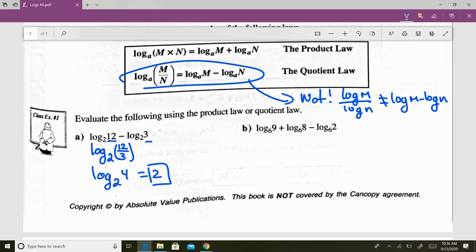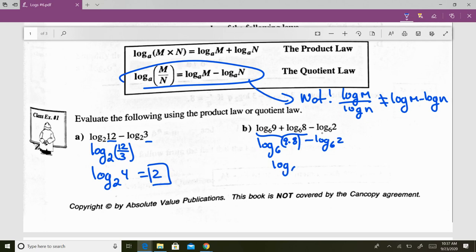All right, B. Now we have 3 things. First 2 are being added. If you're being added, what do you do with the arguments? You multiply them. The bases all have to be the same, and they are in this case, 6. So this is going to be log base 6 of 9 times 8. I'm going to write out step by step, but you can go faster or shortcut some stuff. What's 9 times 8? 72.